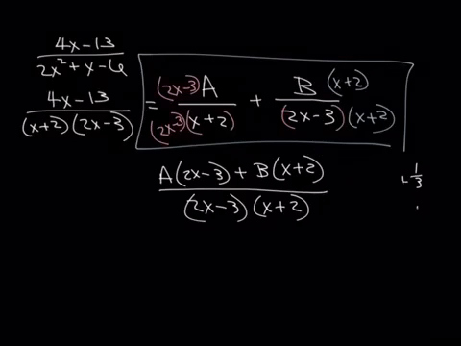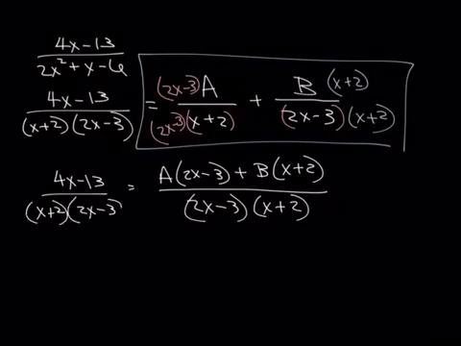I just put my numerators together over that common denominator, and that equals my 4x minus 13 over that. So notice I didn't do anything with this left side, and I'm not going to.